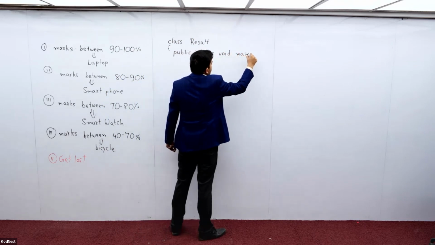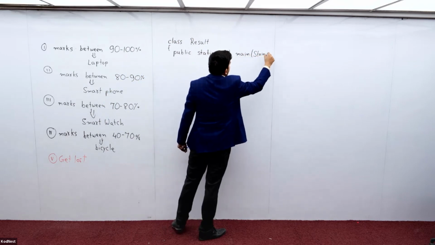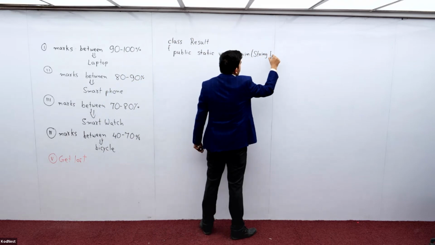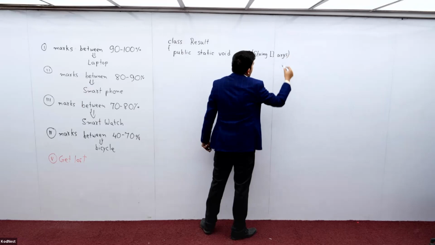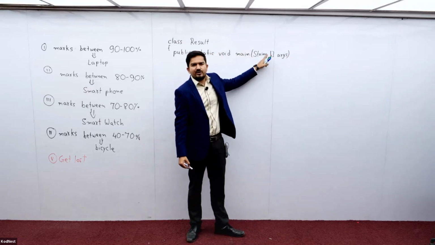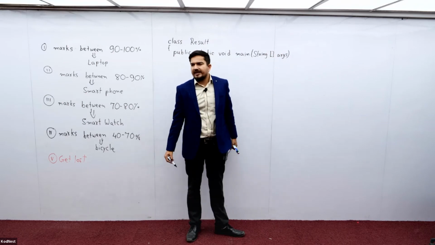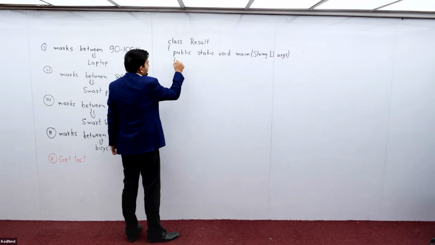We know that the main method of Java also accepts a string of arguments. We have learned that whether we write these brackets after string or after args, it is not going to make any difference. We are also going to start the main method.